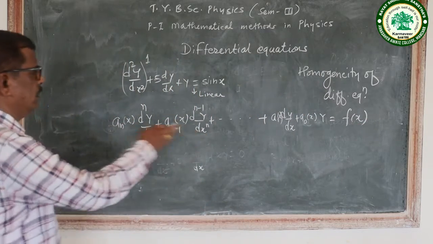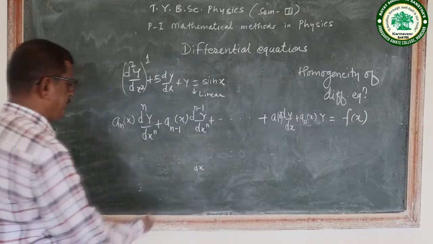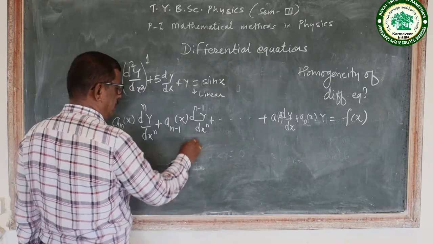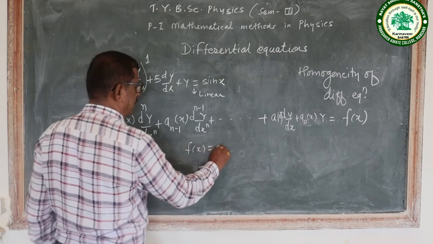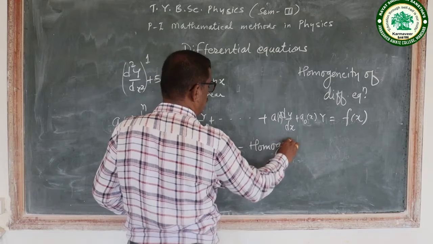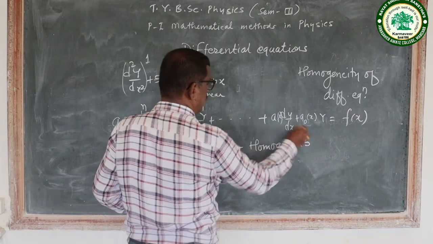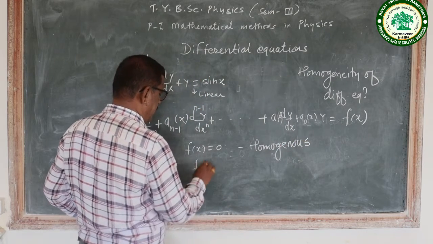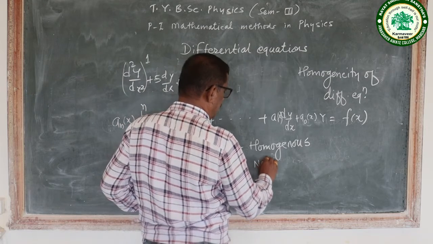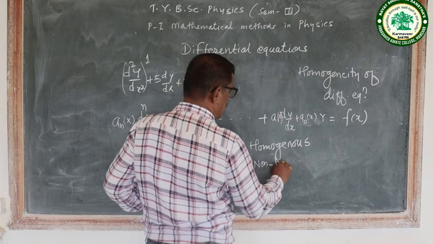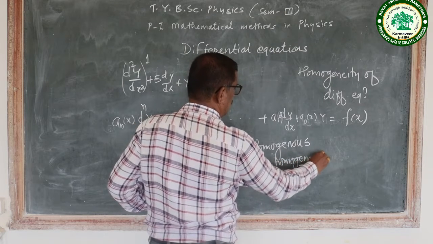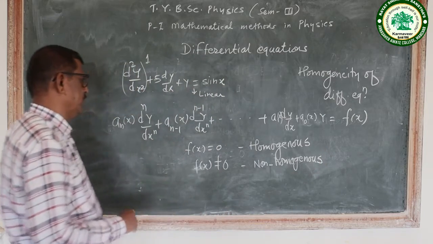Let us see, this is the differential equation. It is called a homogeneous differential equation if the value of f of x equals 0, and if f of x is not equal to 0, then we call it an inhomogeneous or non-homogeneous differential equation.